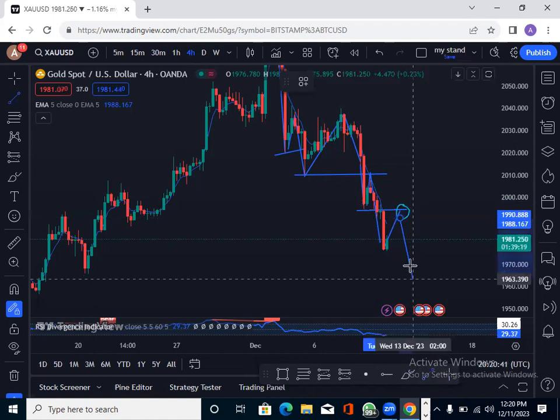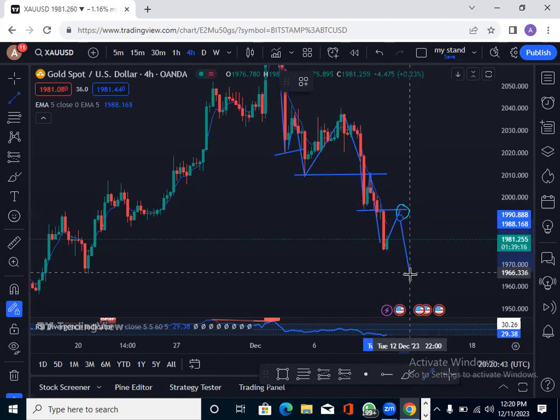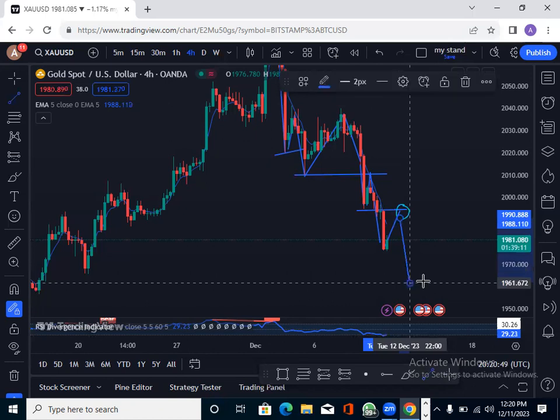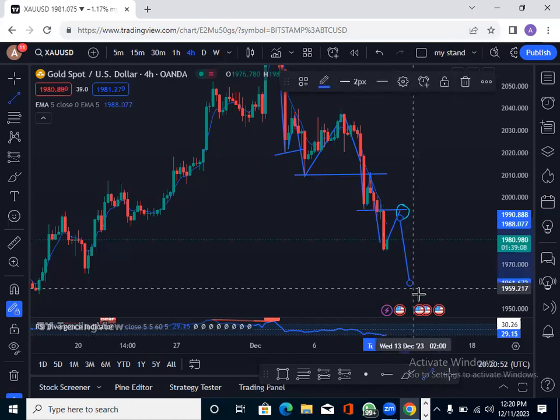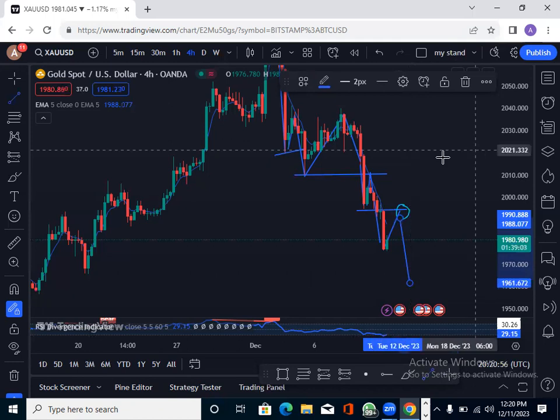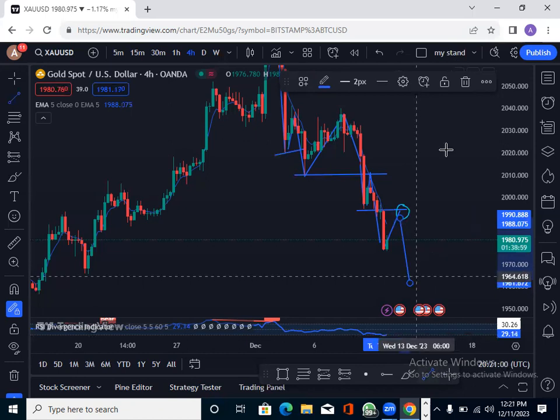I still maintain this axis of 1965 to 1960. This axis is where I'm expecting the market to find support before the market could go back up.